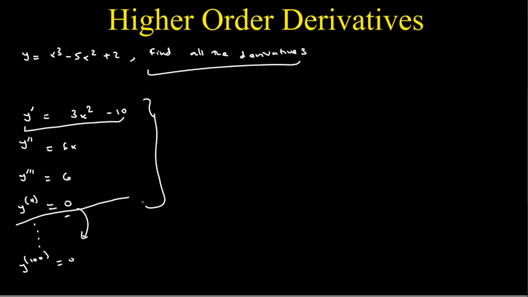And before I end, let me just go through all the different notation for higher order derivatives. So we already saw how we can use the double apostrophe, or we can use the number in brackets. If we want to use the dy over dx form, we can use d squared y over dx squared.